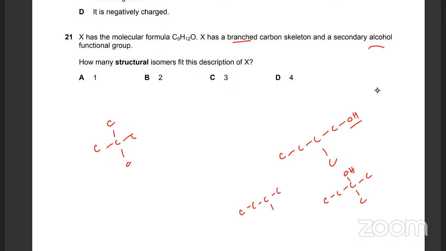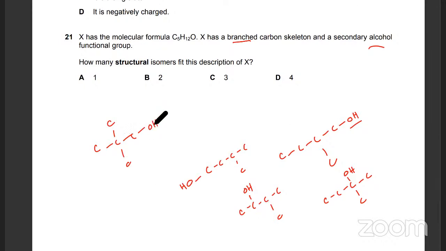Sir, but wouldn't it be a tertiary alcohol then? Okay, I'll come to that at the end. Anyways, the OH could be over here. So this particular branch will have these options. This one will have only one place to put the OH, since all of them are the same. So you got these 5 possible products, and it has to be a secondary alcohol.